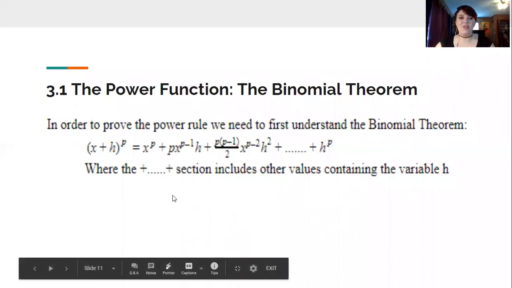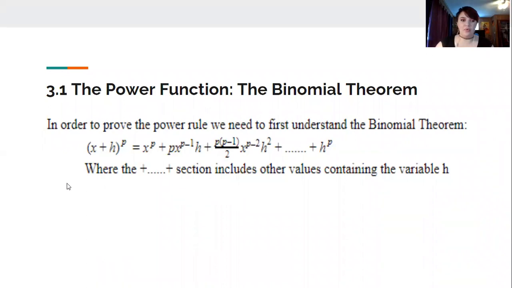All right, so the power function uses the binomial theorem in its proof. And the binomial theorem is quite daunting. I'm not a fan of it, but it is necessary to prove our power rule.